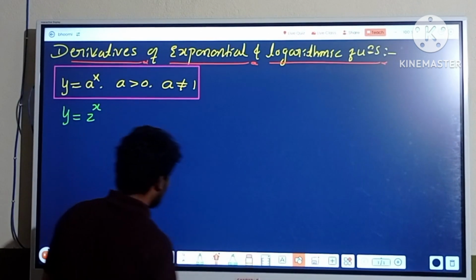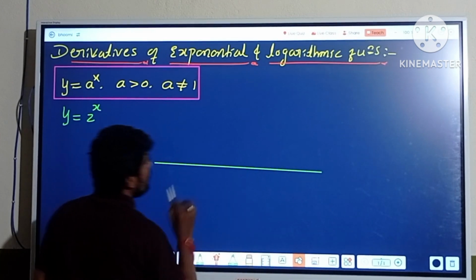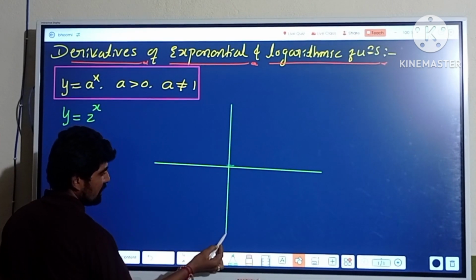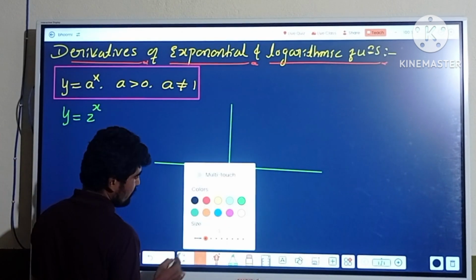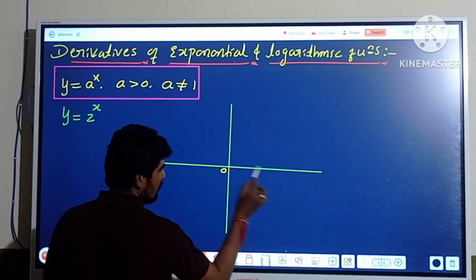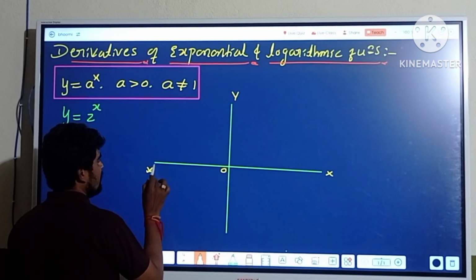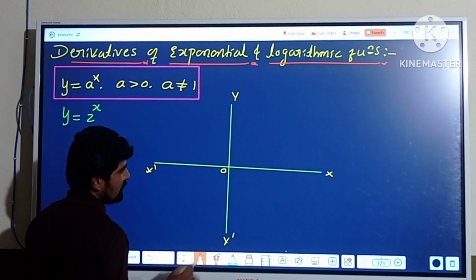First we need to consider the x-axis, and this one is the y-axis. And as you know, this is the origin, and this is the positive x-axis, positive y-axis, negative x-axis, and negative y-axis.